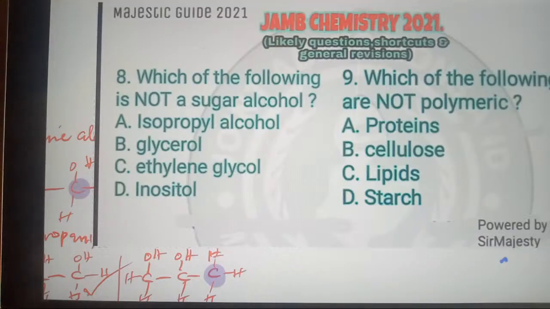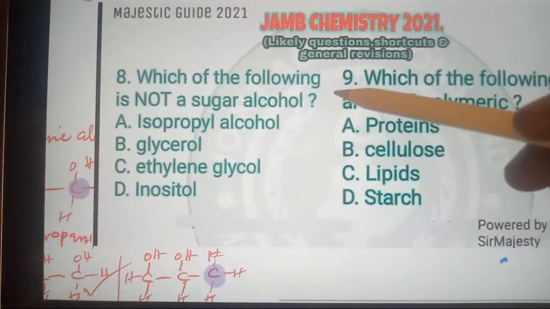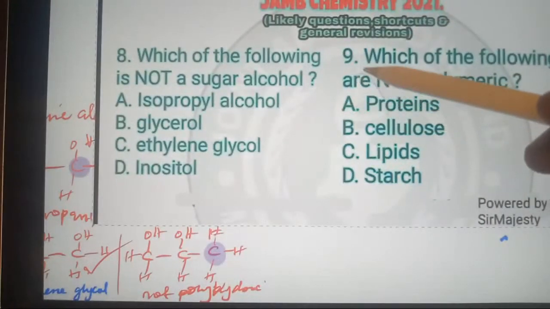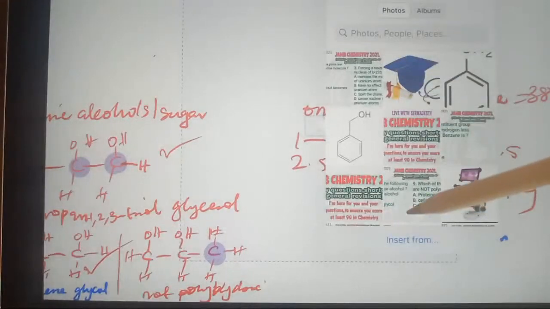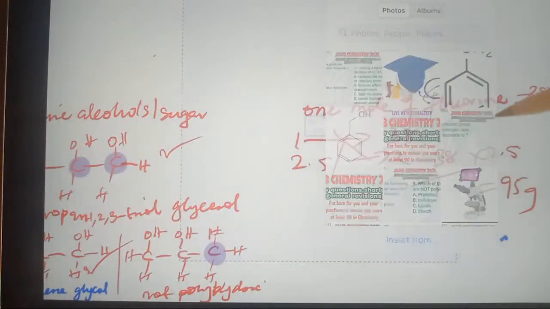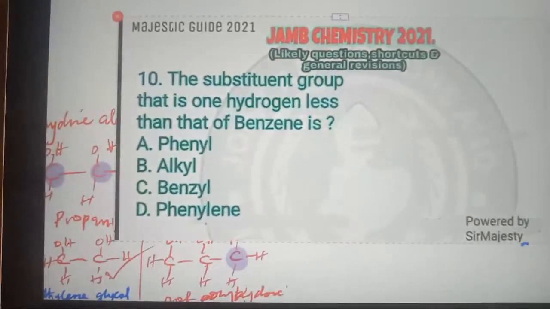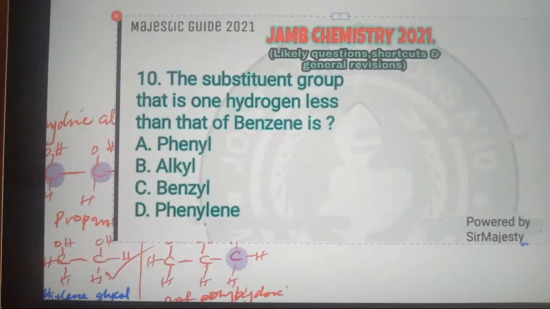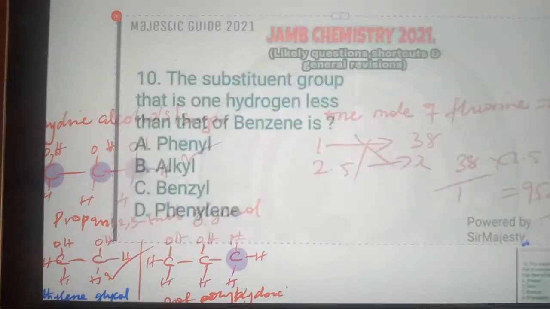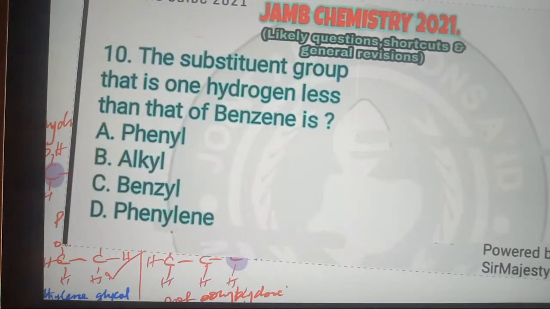We now go to the last question for the day. It's actually the last but not the least question. So the substituent group that is one hydrogen less than that of benzene is... you know what we call a substituent group? If you are not careful here, you might get it confusing.